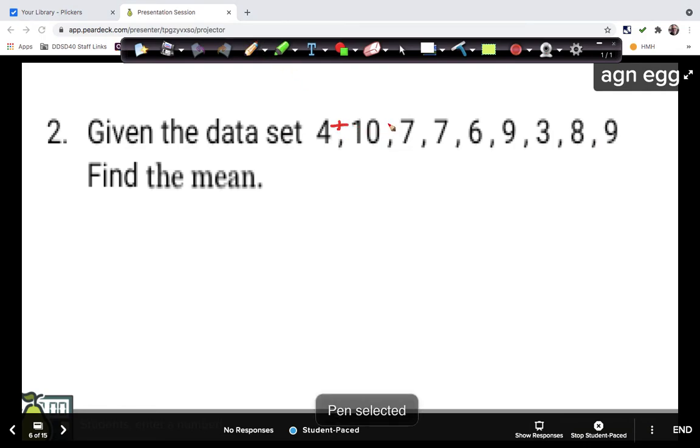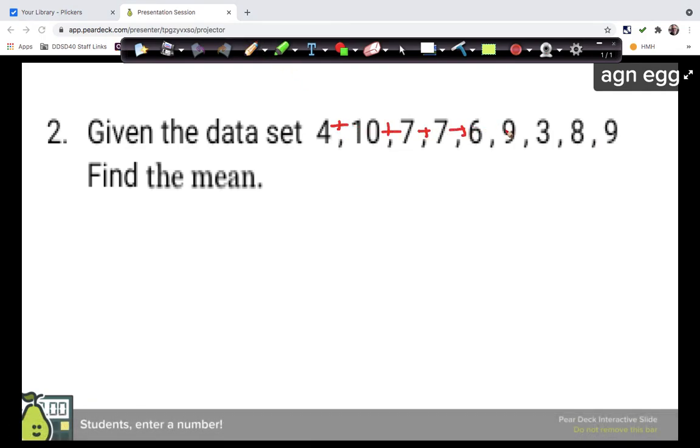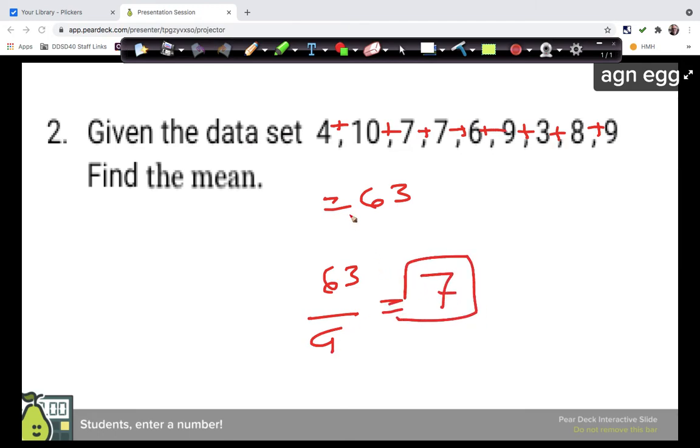So 4 plus 10 plus 7 plus 7 plus 6 plus 9 plus 3 plus 8 plus 9 equals 63. And you do 63 divided by the 9 numbers that you added up, you get 7. So that one was 7, and you have to enter that into the Pear Deck.